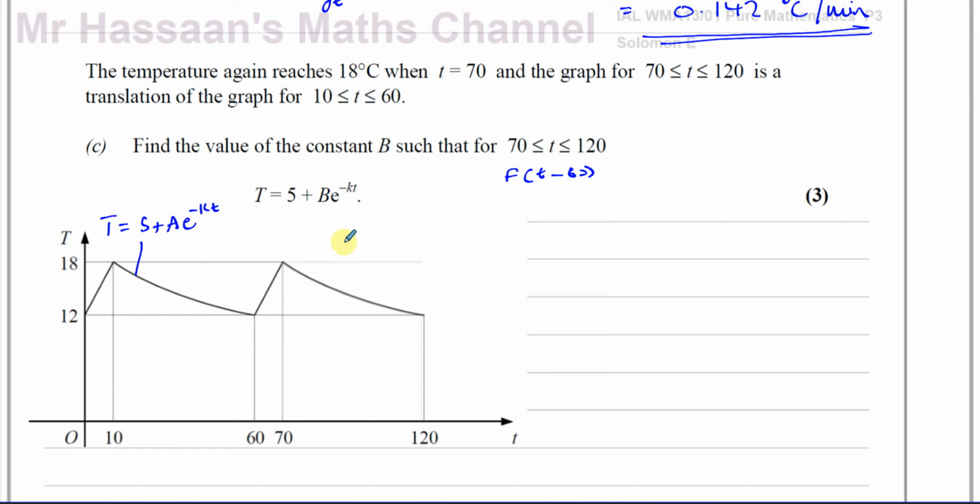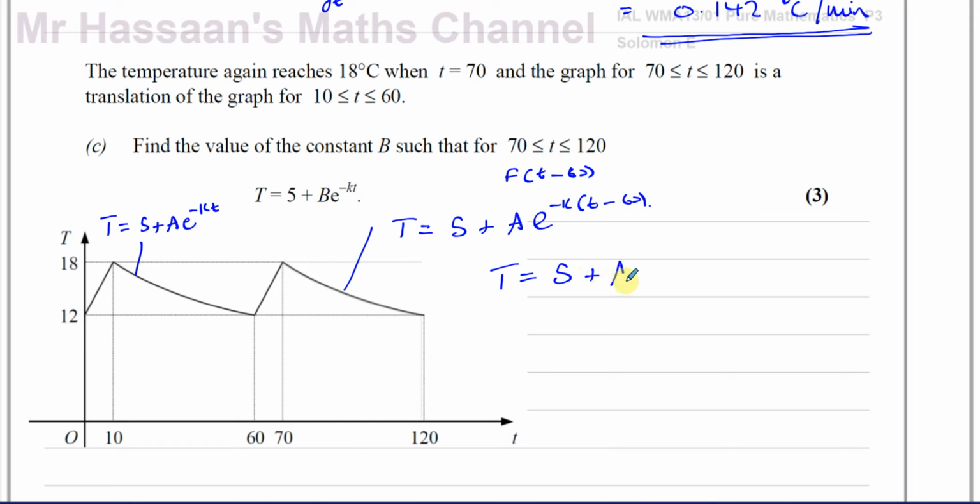So this part of the graph is equal to 5 plus A times e to the power of minus K times T minus 60. That's what this part of the graph will give us. We want to express it in terms of e to the power of minus KT. So I'm going to use the laws of logarithms.